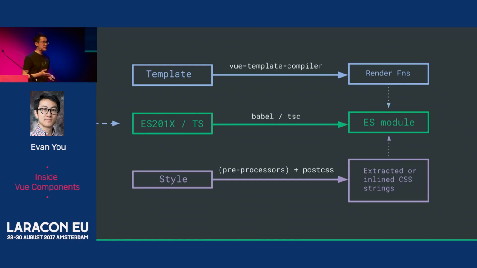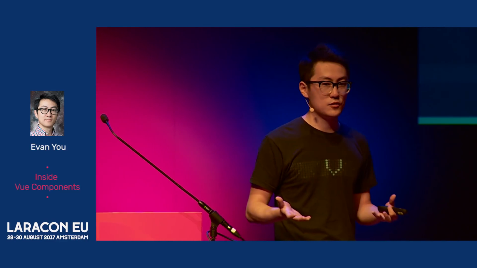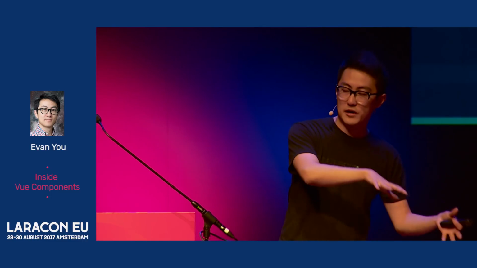Then, thanks to Webpack's very complex internal structure, we can pipe the three parts further into other loaders. We can pipe the template into the Vue template compiler, which is responsible for turning raw Vue template strings into JavaScript render functions. We'll talk about what render functions are later. The script part of your single file component gets piped through Babel loader or TS loader, so that we can convert your ES2015 or ES2016 syntax into ES5 JavaScript that can run in older browsers.